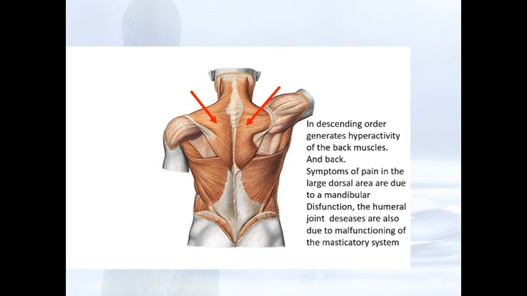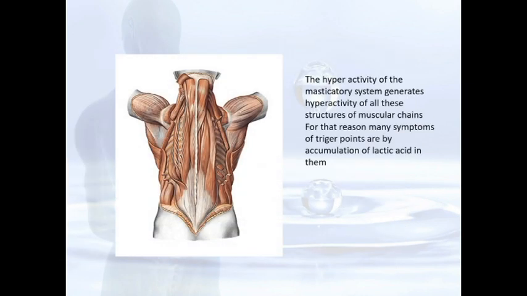This dysfunction creates dysfunction in the humeral joint, and humeral joint disease, also related with a very bad function of the stomatognathic system. The hyperactivity of the masticatory system generates hyperactivity of all these muscular chain structures. For that reason, many trigger point symptoms come from accumulation of lactic acid in them.